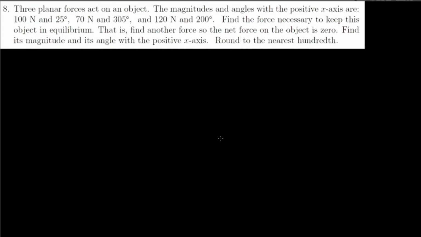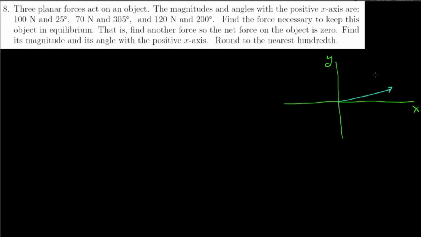All right, so this is essentially a problem you would see in a statics course or in a physics course. So let's just draw a picture. These 3 forces are acting in a plane, so we only need the x and y plane. We don't need the z-axis here. One is 100 newtons at 25 degrees.